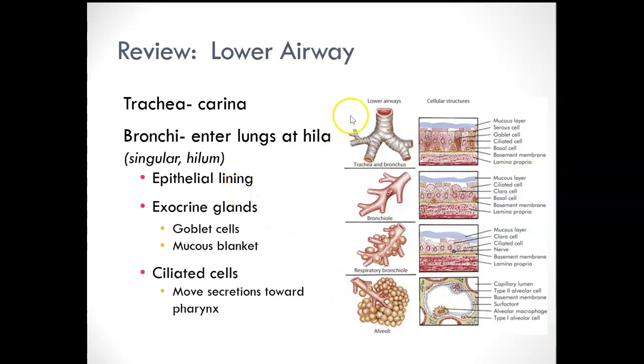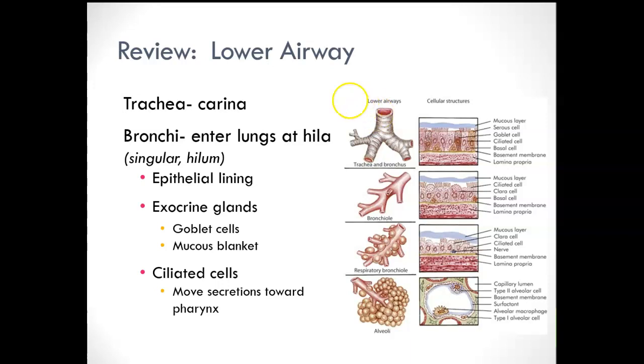There's an epithelial lining inside, and that epithelial lining has some exocrine glands in it. And remember, exocrine glands are glands that excrete, tending to be outside the body or into an outer cavity, like sweat, right?